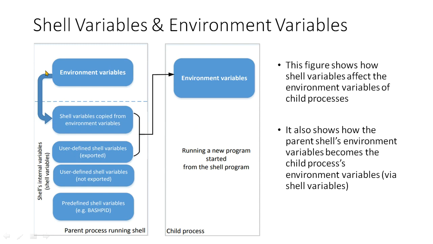So let's see, if we have a parent process here and we run a new process, a child process. When a child process is run, at the time it is executed, all the shell variables from the parent process are copied and become environment variables for the child process.